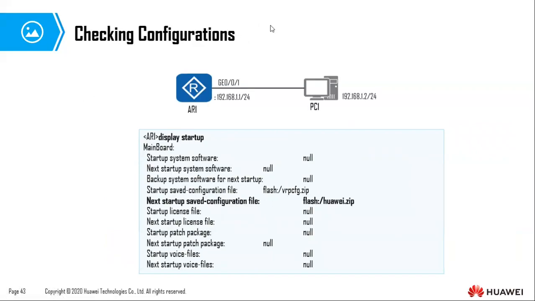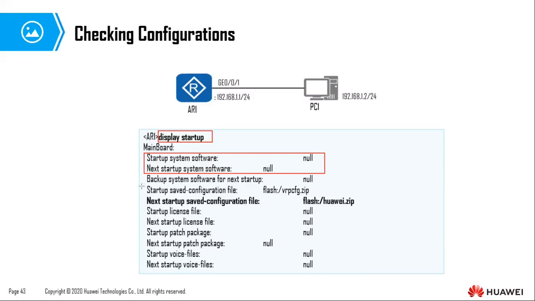So how do you check the configuration that is going to be run during the next startup? You use the command display startup. Here, there are a few things that you can see. For example, the system software that is being used, or the one that will be used in the next startup.